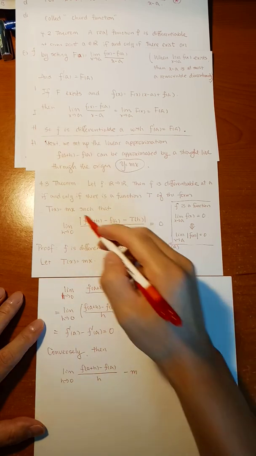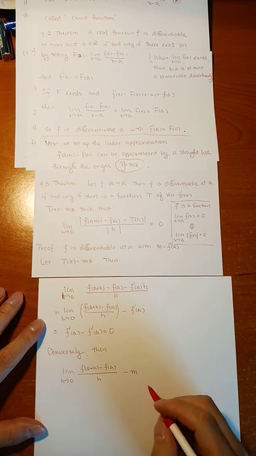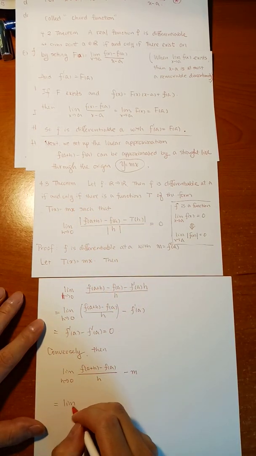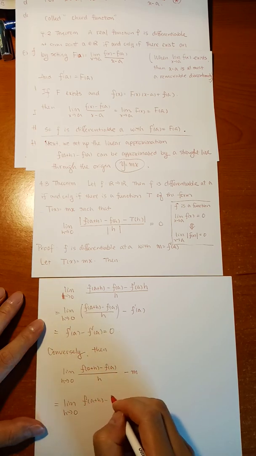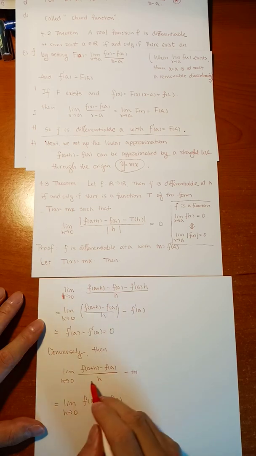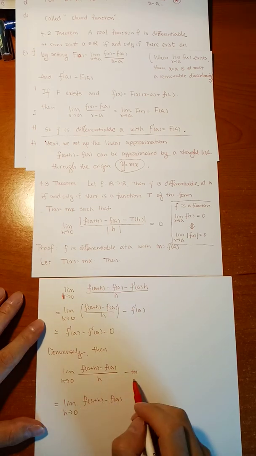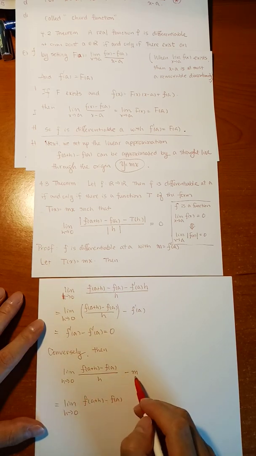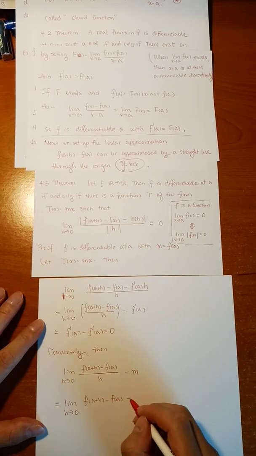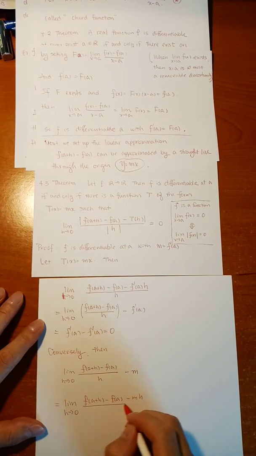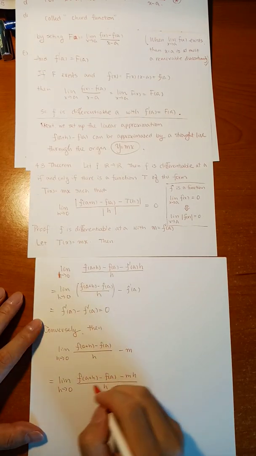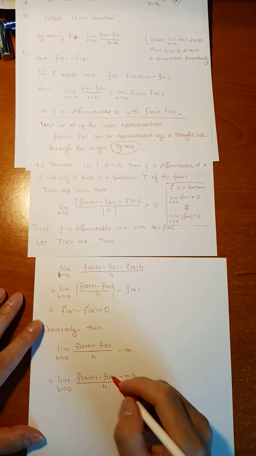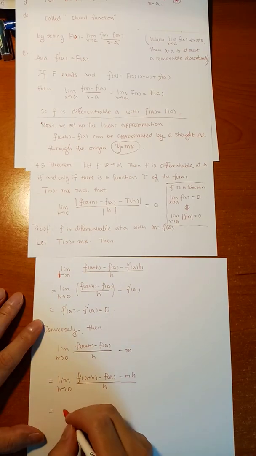This m is from t of x equal to mx. Again, we apply the difference rule for limits. This is a limit minus a constant number. The constant number you can move into the limit. And again, this condition is equivalent to the previous condition. The limit is equal to 0.